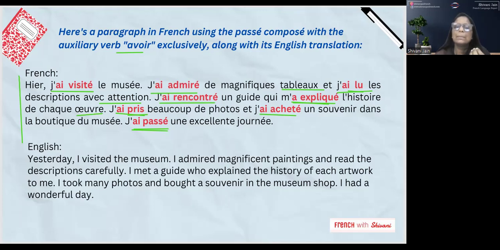Alors, les participes passés de ces deux verbes, il faut les apprendre. You have to learn them. So lire becomes lu, prendre becomes pris. Okay, it is not prendu. I have heard many times from my students saying prendu. C'est pas prendu, c'est pris. And it's a very, very common verb. We use it a lot.